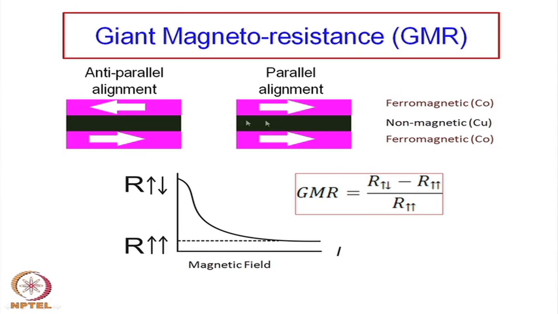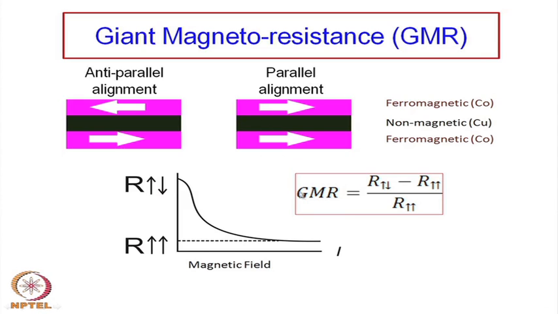This is the structure, in fact the details of what we have just been discussing, the magnetoresistance effect in a multi-layered structure. You have two ferromagnetic materials, like a cobalt film and another ferromagnetic film also of cobalt, and then a non-magnetic film in between, sandwiched between the two ferromagnetic films. They can be aligned either parallel or antiparallel, and based on that the overall resistance changes.